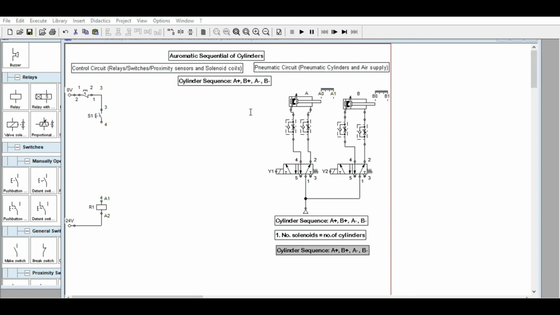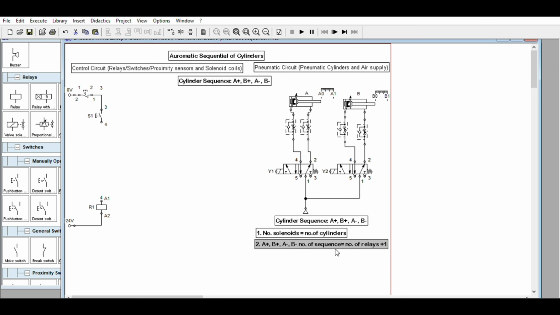The number of sequences is equal to the number of relays plus 1. So we call that the number of sequences equal to the number of relays plus 1. The last relay will be the reset. We will see that later.